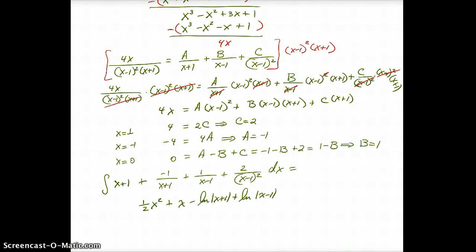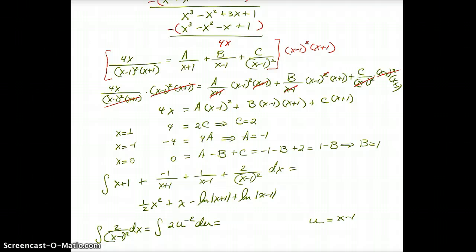And then the last one is really a power rule, right? If you let u be x minus 1, it's really the integral of 2u to the minus 2. So the integral of 2 over x minus 1 squared is the integral of 2u to the minus 2 du, where I've let u be x minus 1.